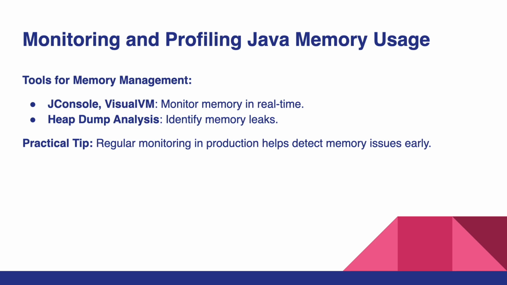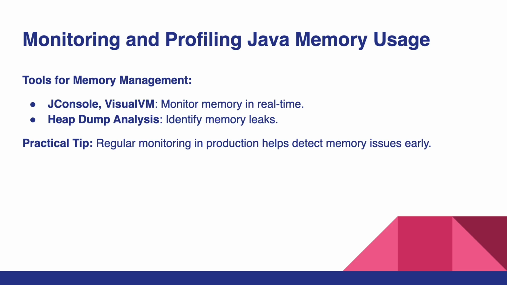Effective memory management is not complete without monitoring. Tools like JConsole and VisualVM allow us to monitor memory use and GC activity in real time, giving us insight into how our application uses memory.